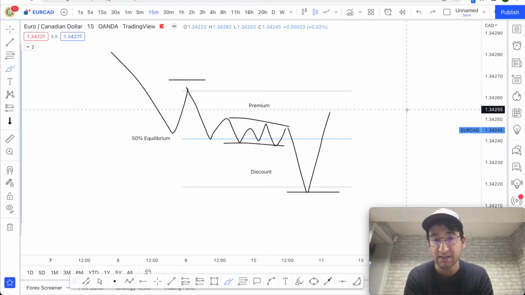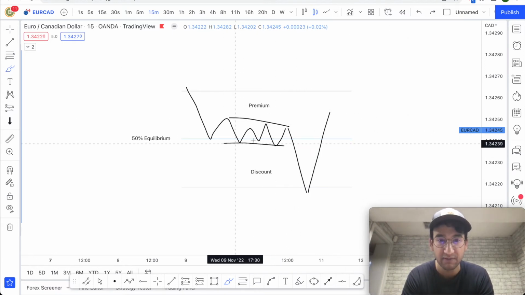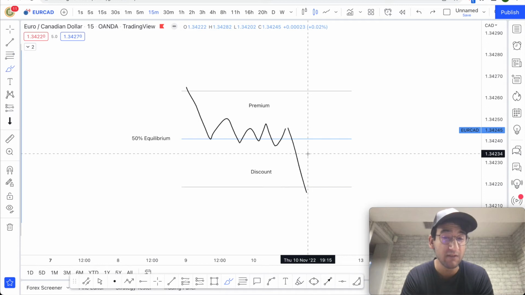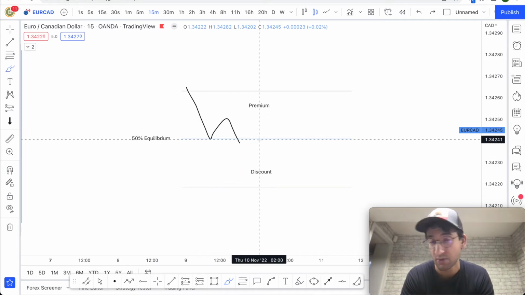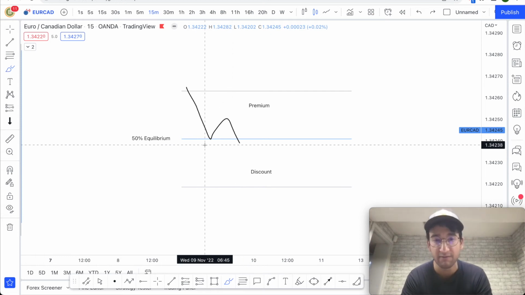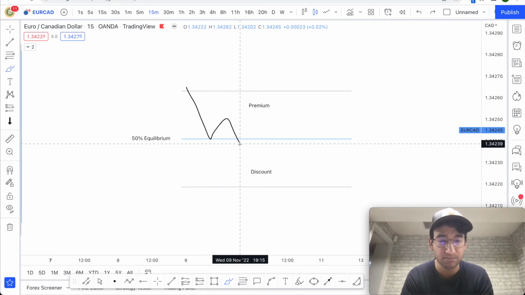Again, I'm not saying we can't buy or sell as traders either, right? There can be many types of scenarios, whatever happens in the 50%. But what I'm saying is, don't be the first trader that goes in on the 50%. Don't be the first one, because many times a lot of the first traders that trade in there often get taken out, right?